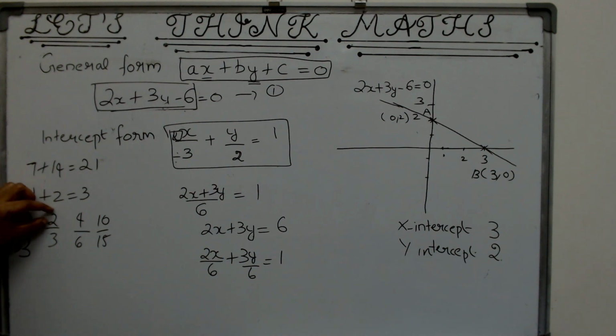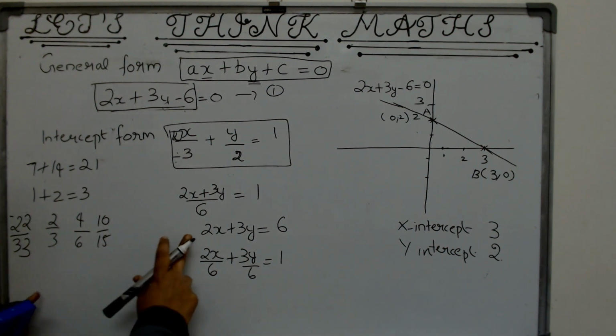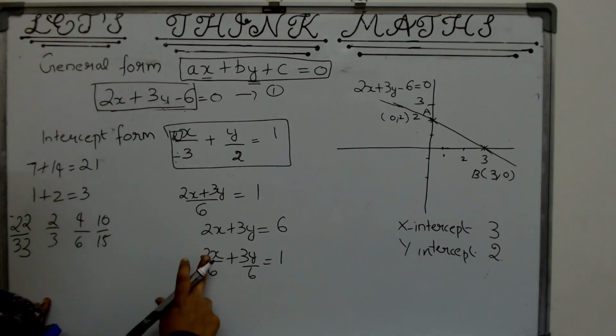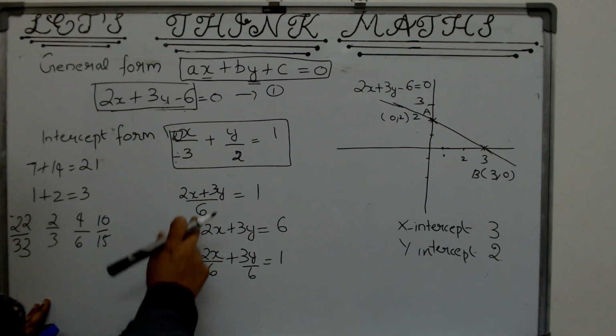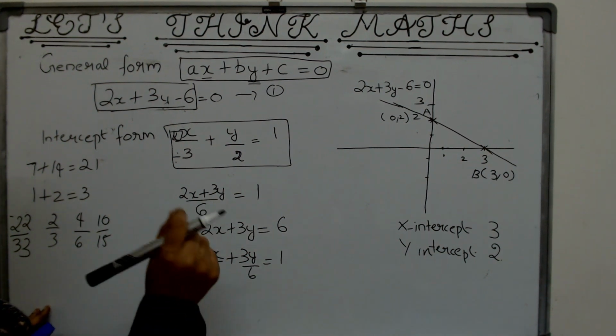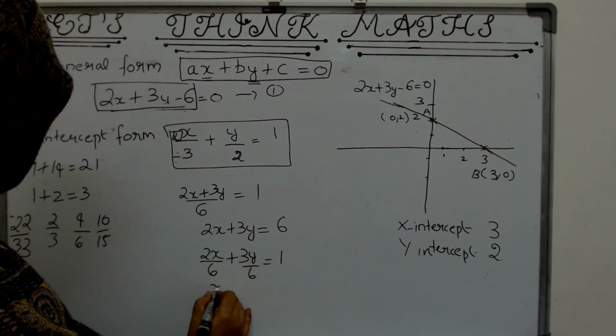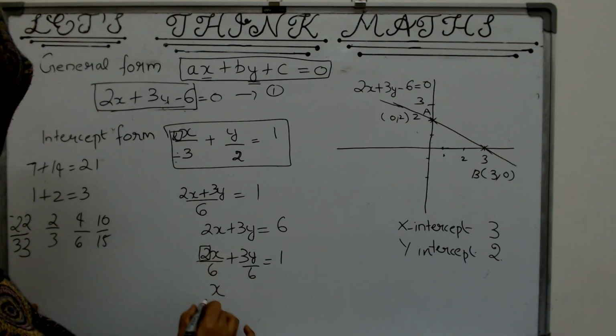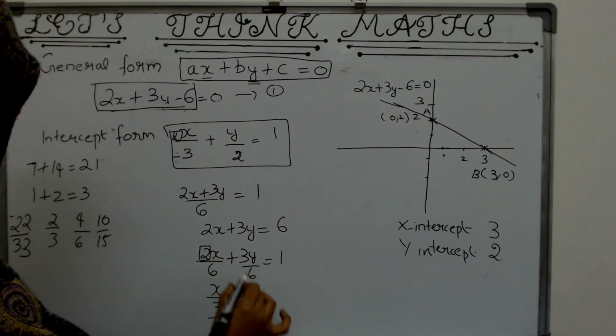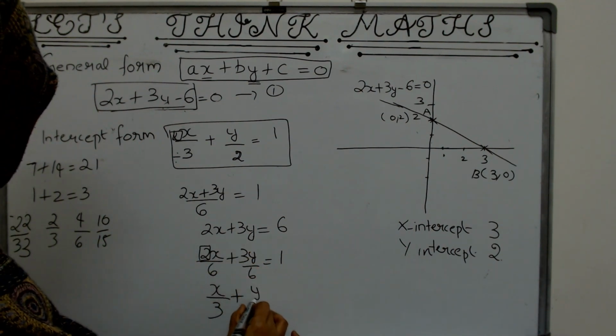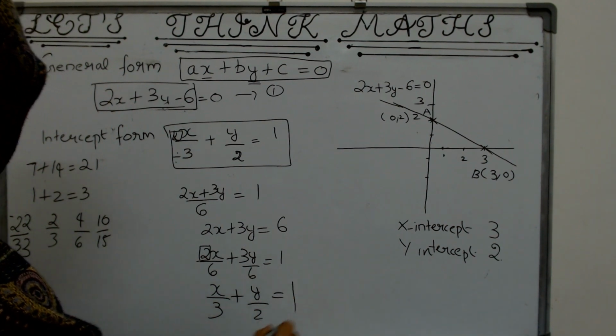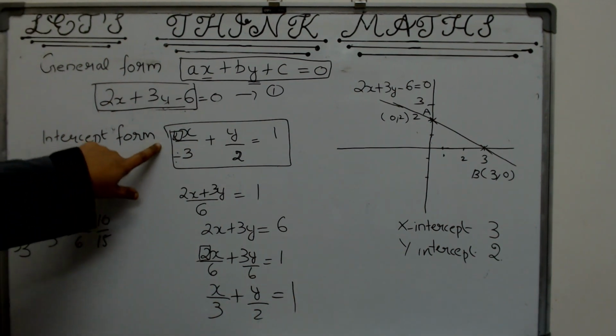Because we can multiply or divide both the numerator and denominator by the same number. Take this fraction first. So, divide both the numerator and the denominator with 2. That will get rid of your 2 here. X by 3, divide by 3, that will be this, there. See, you have got your intercept form.